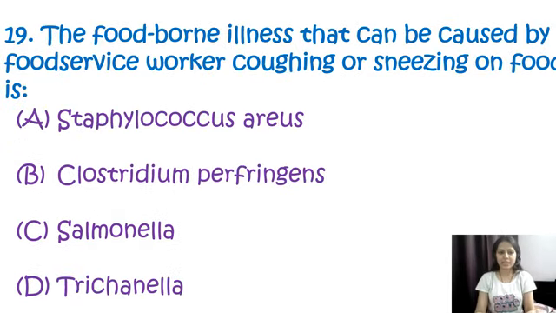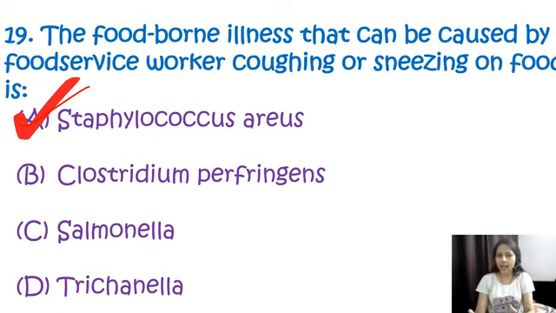Question number 19. The foodborne illness that can be caused by food service workers coughing or sneezing on food is, so options are Staphylococcus aureus, Clostridium perfringens, Salmonella or Trichinella. So over here my correct option is A, that is Staphylococcus aureus. Now Staphylococcus aureus, we know, is a bacteria commonly found on the skin and nose of humans.